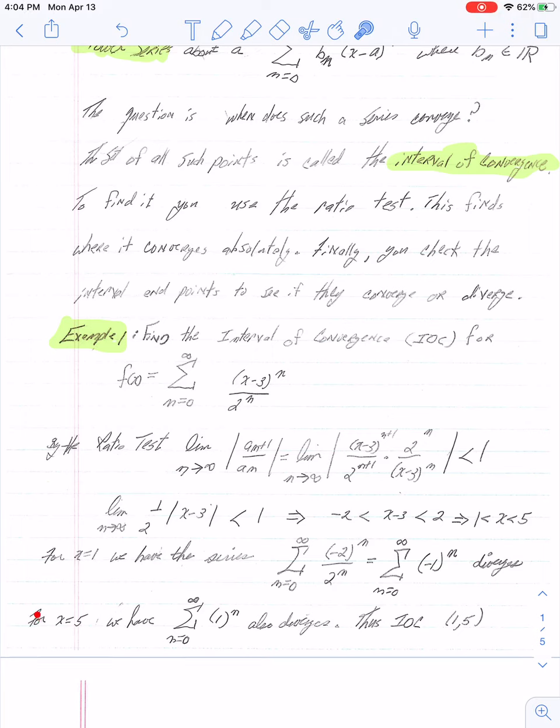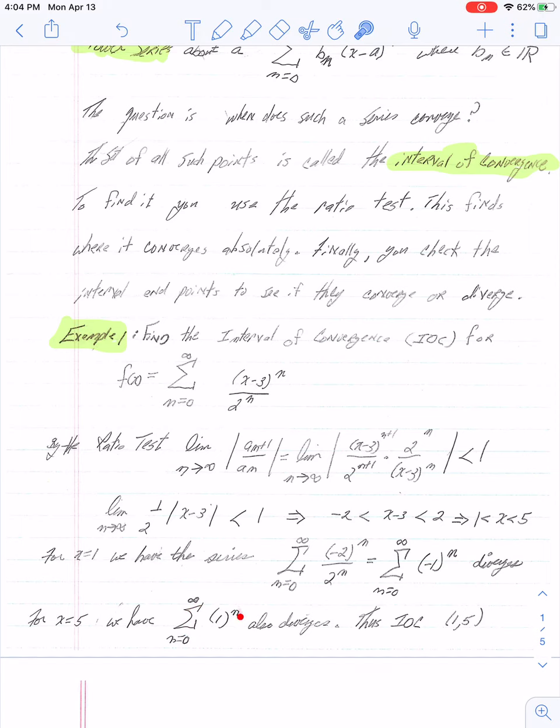Now when we plug in x equals 5, we get 5 minus 3, that's 2. So you get 2 to the n over 2 to the n. The top is 2 to the n, the bottom is 2 to the n. And so 2 to the n over 2 to the n is just the sum n running from 0 to infinity of 1 to the n. Guess what?